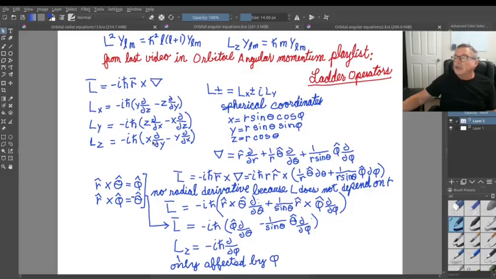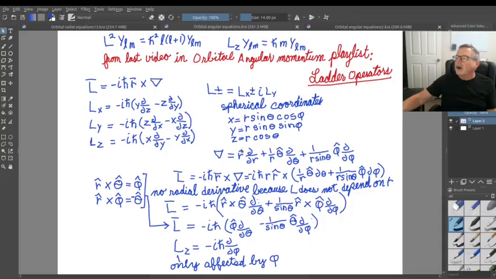Our goal is to get to trigonometric forms so that we can look at shapes for these different items. And so here we go, converting everything to spherical coordinates, which we've done in past videos. Here's the gradient in spherical coordinates.